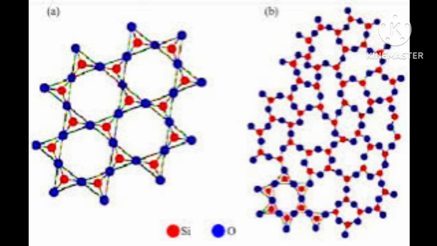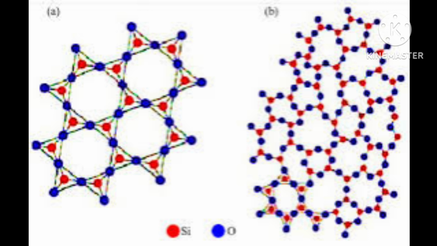Covalent bonds are strong and directional in nature. Therefore, atoms are held very strongly at their positions. Such solids are very hard and brittle. They have extremely high melting points and may even decompose before melting.